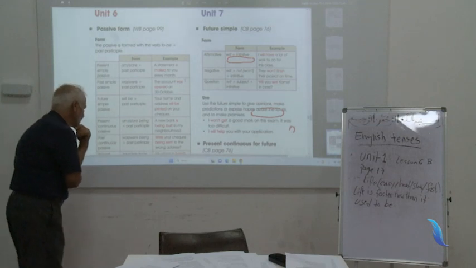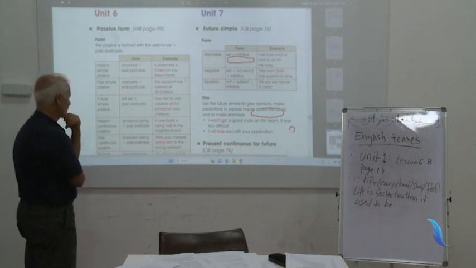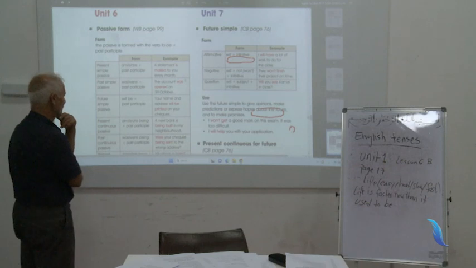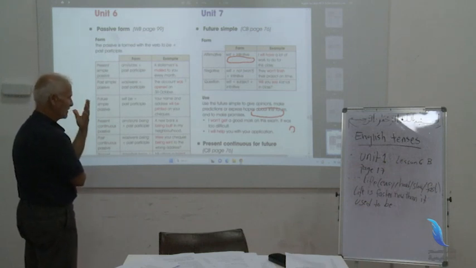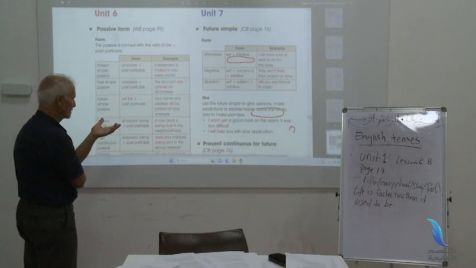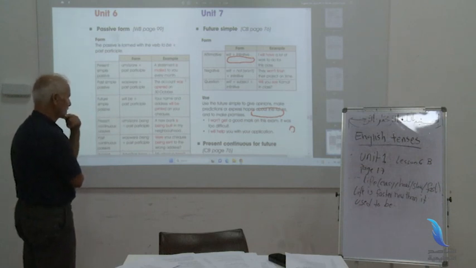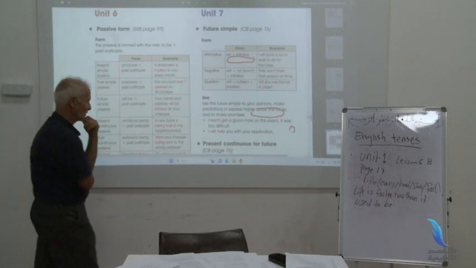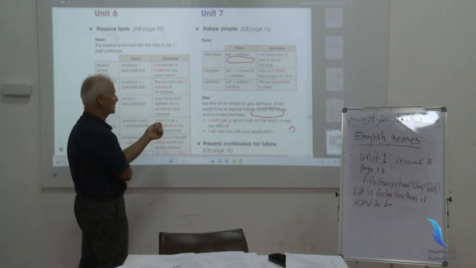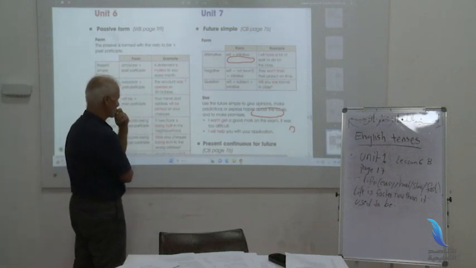Present continuous passive, مضارع المستمر مبني للمجهول, is, am, are being plus past participle. So a new building is being built in my neighborhood.